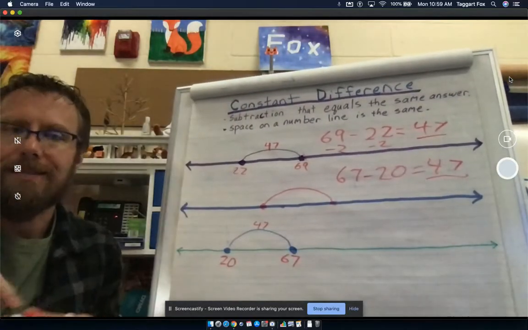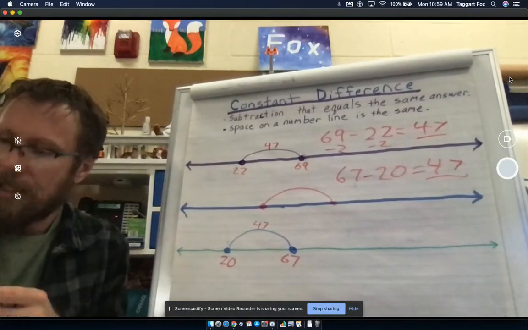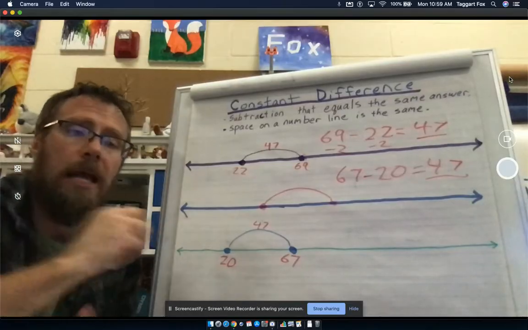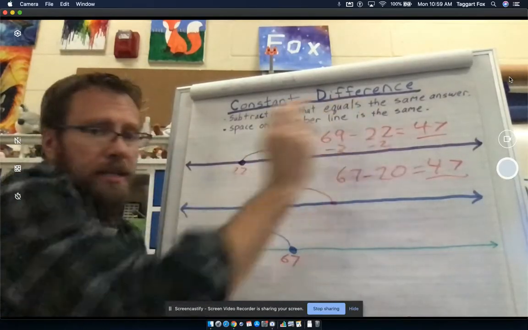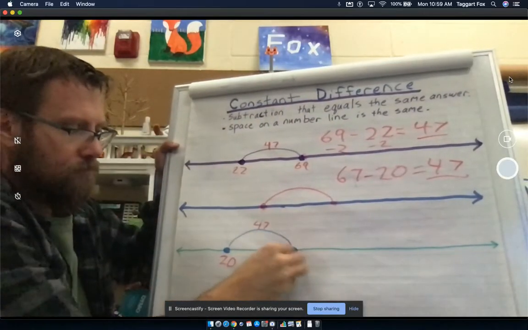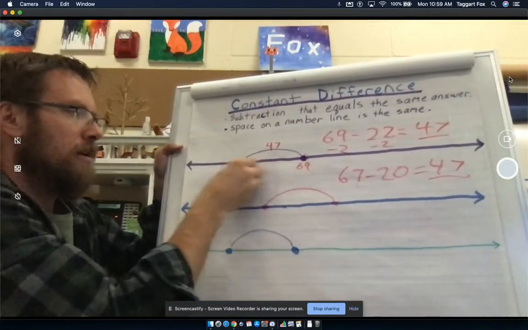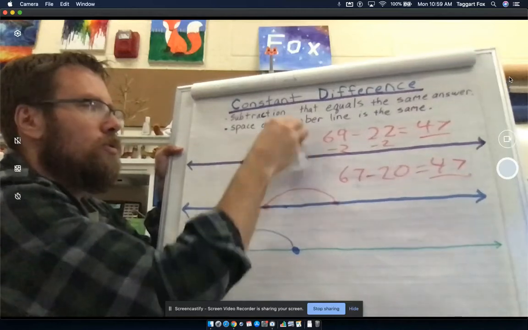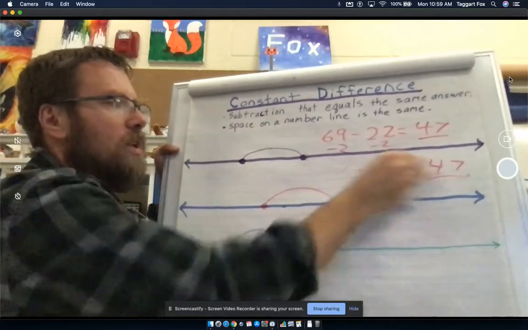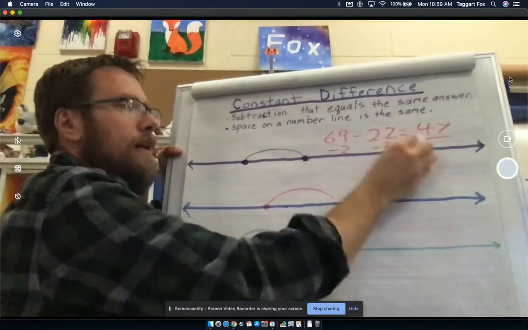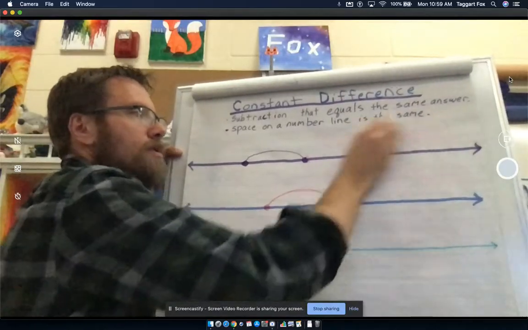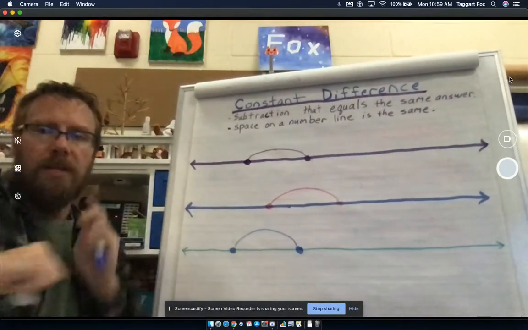Well, that's what constant difference looks like and how it is helpful. Take your second number back or forward to a friendly 10. Whatever you do to it, do to your first number, and you now have an easier math problem with the same answer. Keep that in mind today.